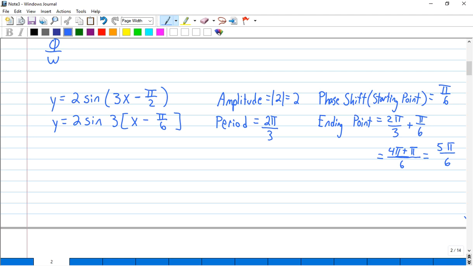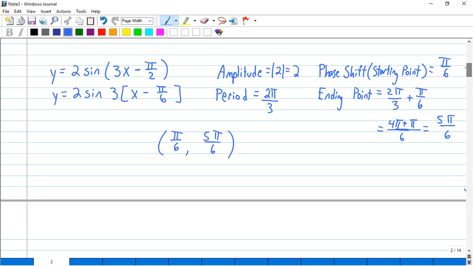All right, so what we have done is we have figured out where we're going to start our graph and where we're going to end our graph. So that means one complete period for this graph is going to be between where and where? Pi over 6 and 5 pi over 6. Our starting point and our ending point. Now the distance between the starting point and the ending point is the period. Now from this, since I know the starting point and the ending point, I can make 4 subintervals.